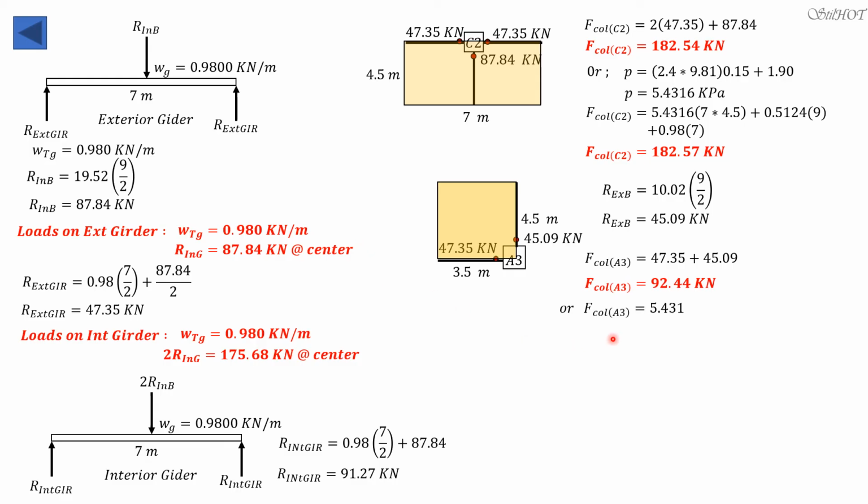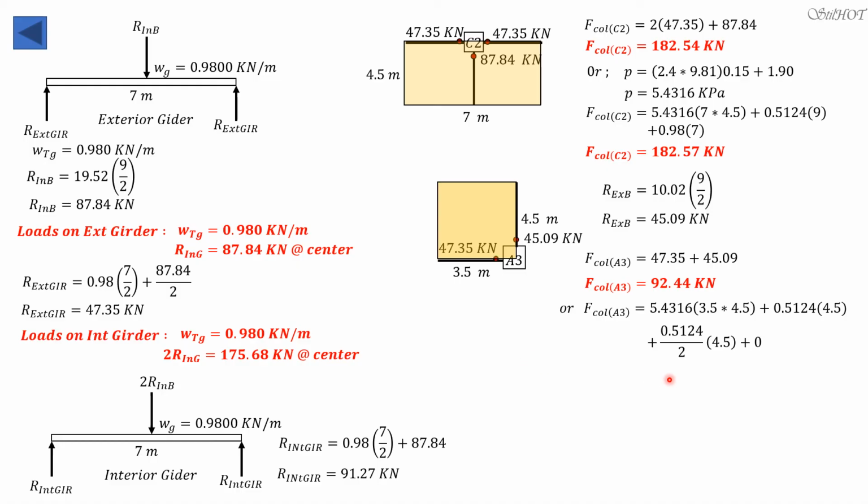So the other solution is 5.4316, the pressure, times the area, which is 3.5 times 4.5, plus the weight of this beam here, 0.5124, for the length of 4.5. We also have a beam here, which is divided into 2, because half would be transmitted to A3 and half to column A2.